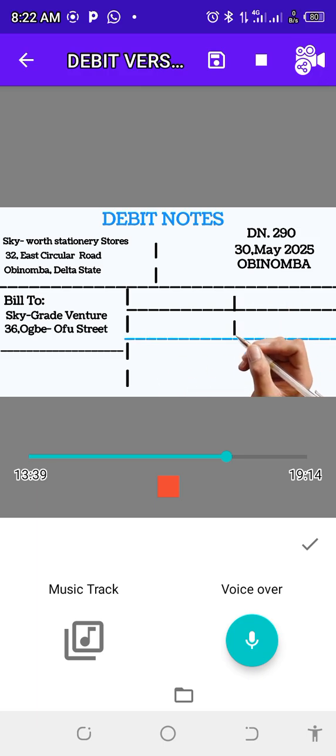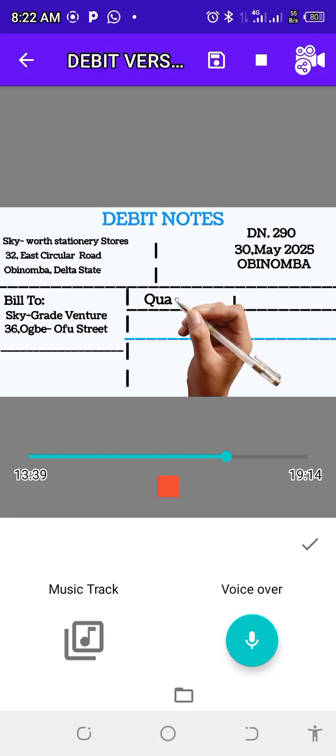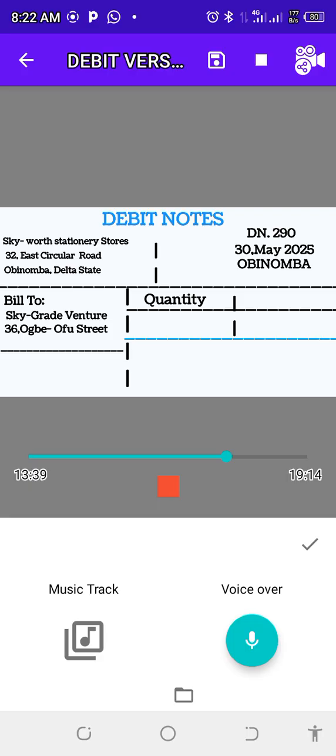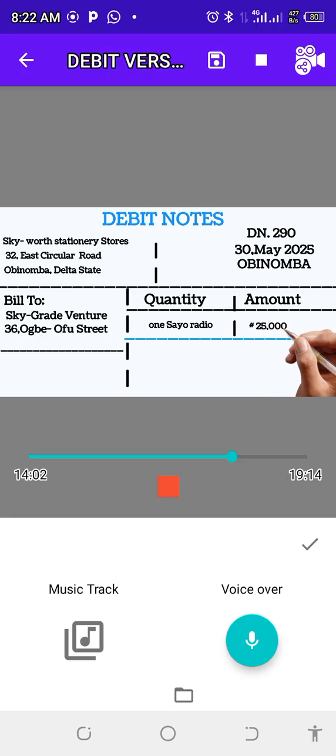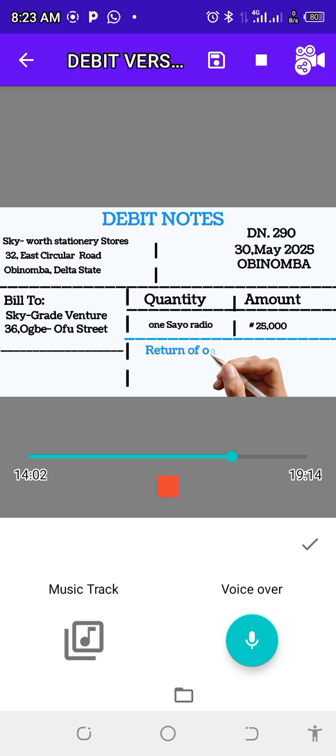And we put a description here, a return of 1 Sanyo radio set. That is the description. Now, the authority issuing this, which is Skyward Stationery, signs and affixes the date. And if they have a special stamp, they stamp it.